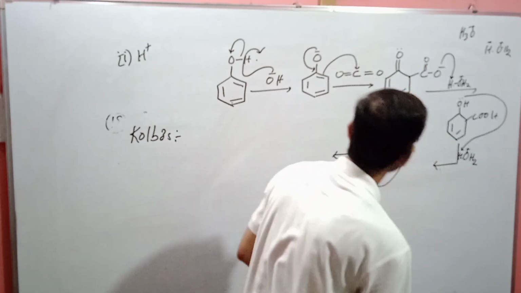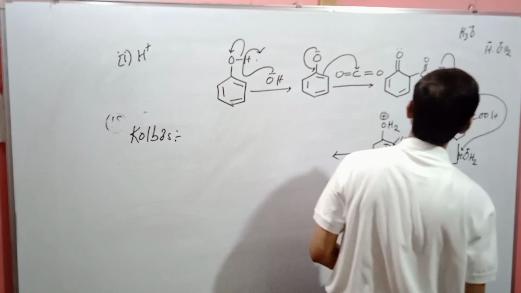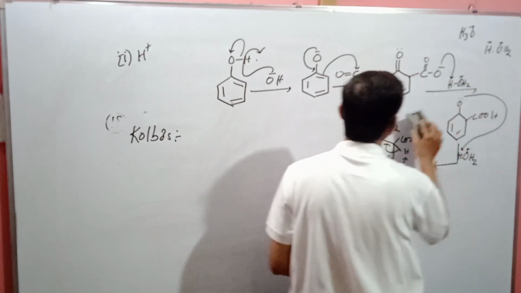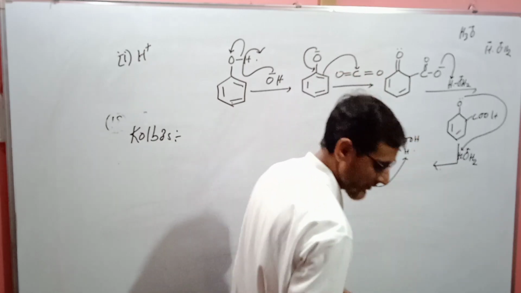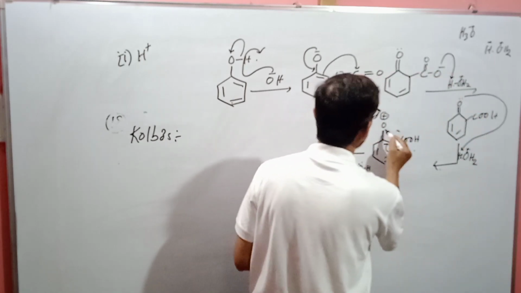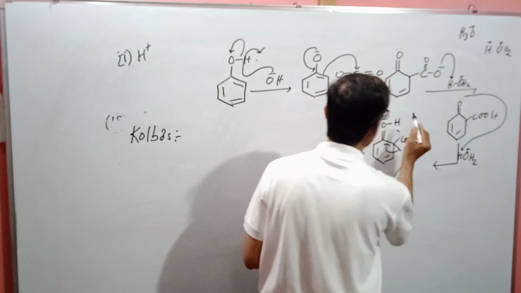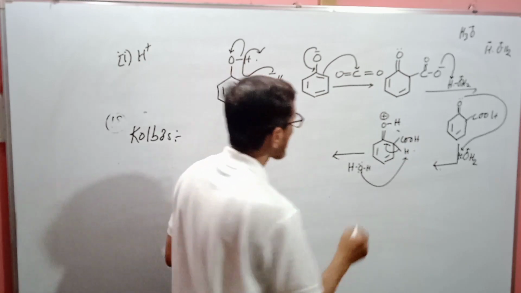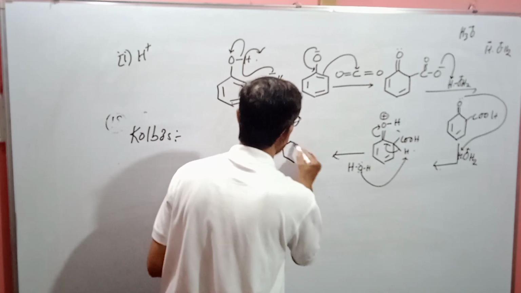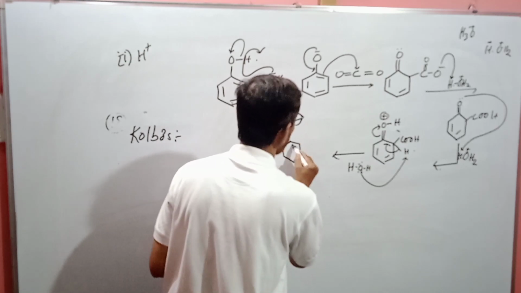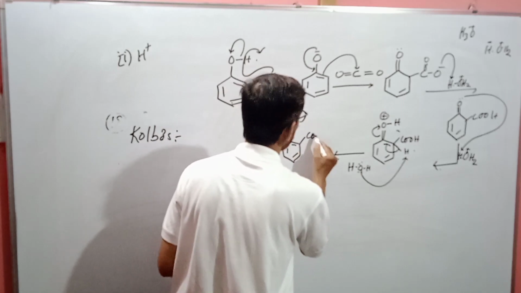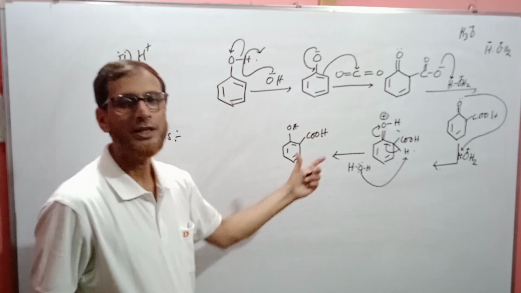I'm sorry, here it is not actually OH, it is O singly, and double bond O, H. Am I right? So this bond withdraws. So we are getting the desired product.